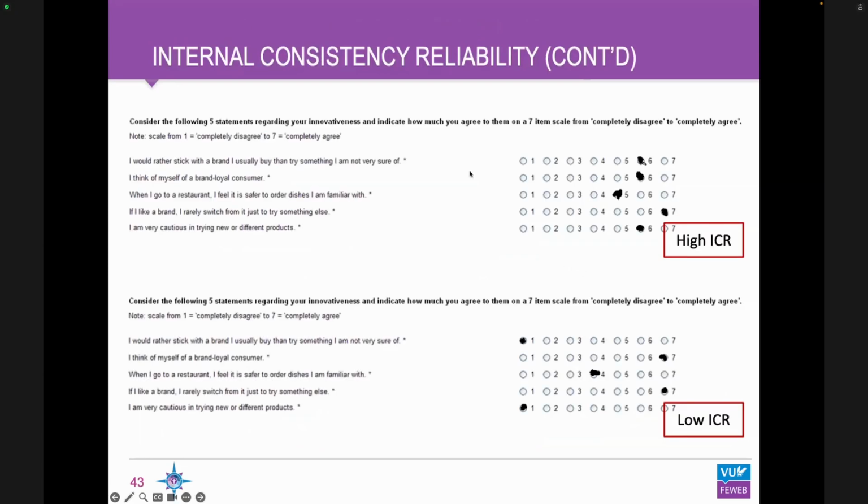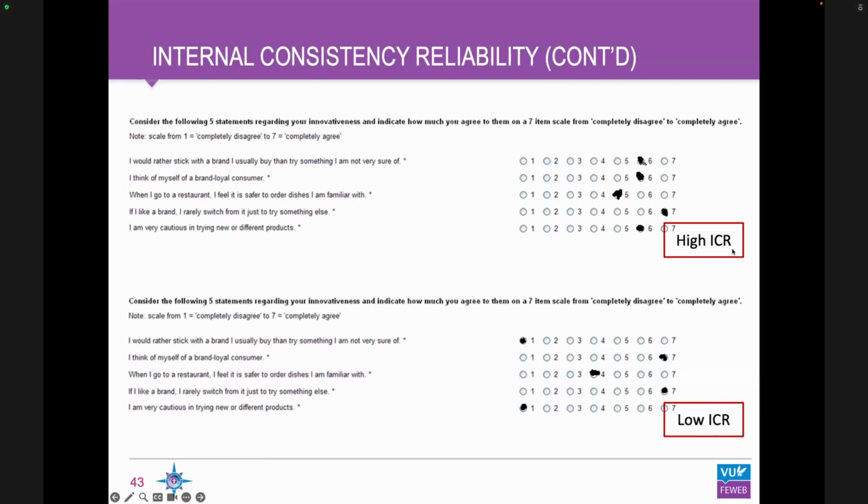So just to give you a picture of what we mean by internal consistency, if you have multiple items related to a question, for this respondent the answers are quite consistent: 6, 6, 5, 7, 6. Although the questions are very much related to each other, a person high in the underlying construct should answer in a high manner.